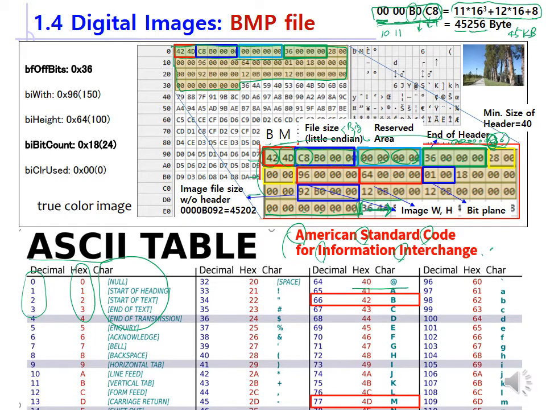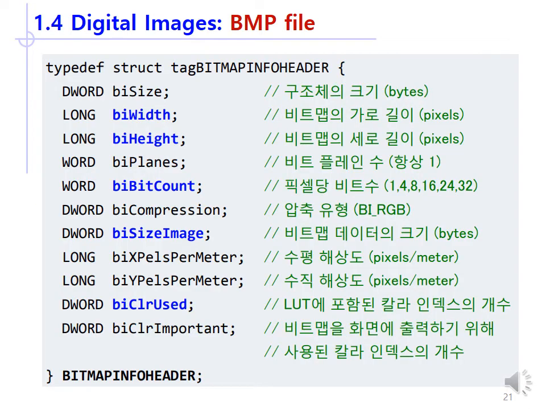Up to here it is the file header. Then from here it is the bitmap info header. The bitmap info header has this kind of data: the size of the structure, and the width and height of the image, the bit plane number, which should always be 1.